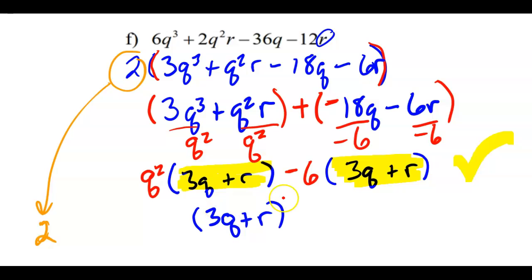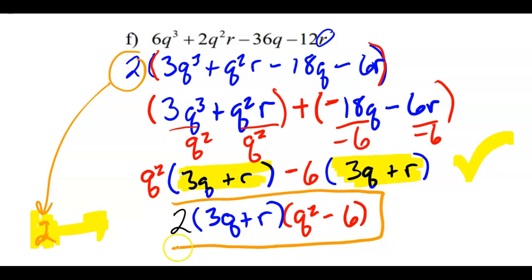And my second factor, q squared minus 6. And then not forgetting this 2, it needs to come back in. So in front of everything, I'm going to write 2 as my multiplier. And then that is my final factored answer.